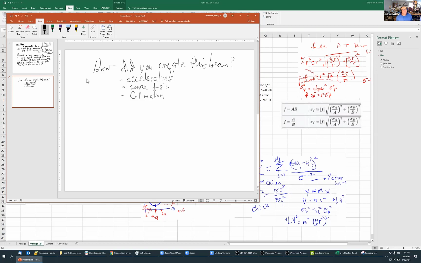So you say, first we will describe the experiment itself, and then we will describe the data taking technique.